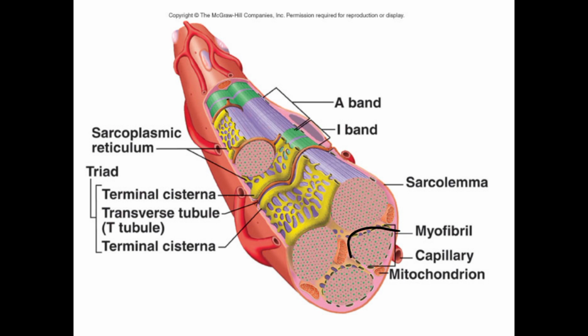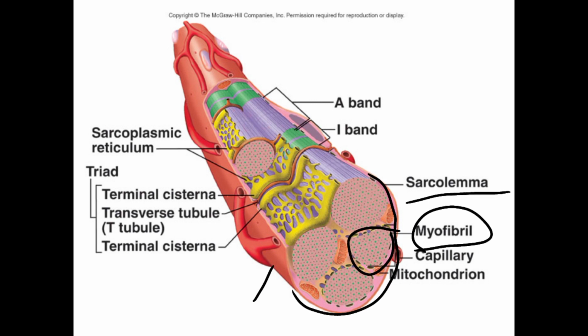This is a single myofibril. Its covering we call the sarcolemma. This sarcolemma has an inward extension, which is the T tubule. Whenever the action potential reaches the sarcolemma, it goes inside the cell through the T tubules.